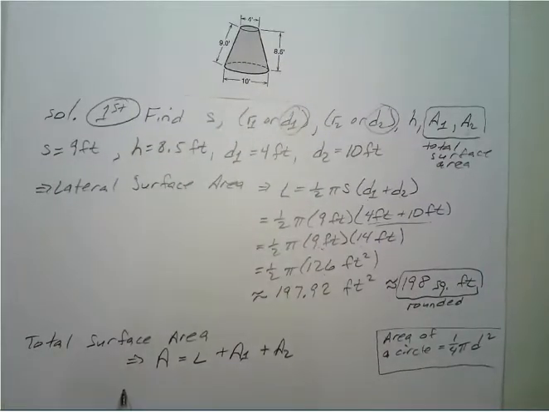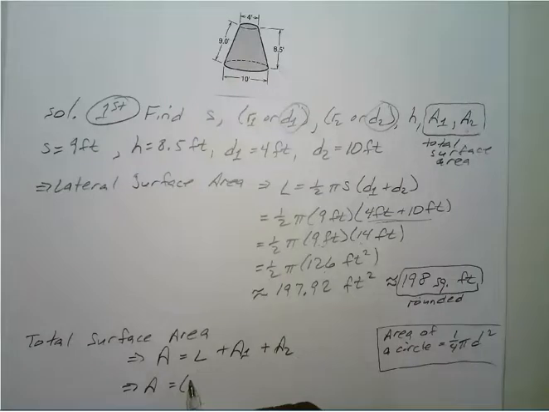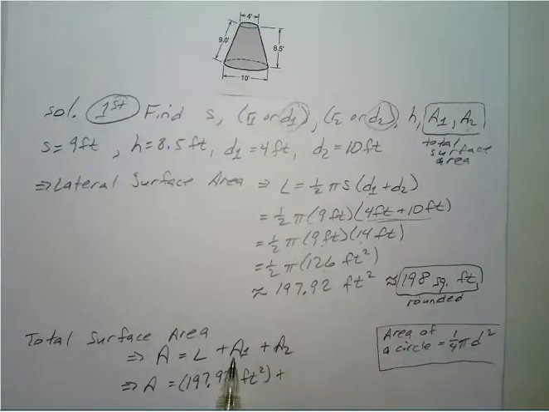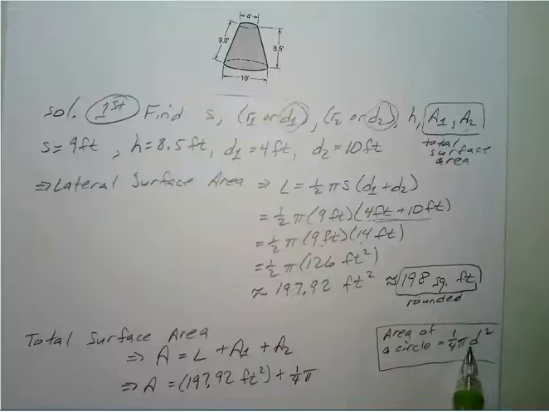Okay, so we know that our total surface area is going to equal our lateral surface area, which we don't want the rounded value, we want this value first. Then we're going to round it at the end, 197.92 square feet, plus your upper surface area. So that's going to be 1/4 pi times the upper diameter squared.